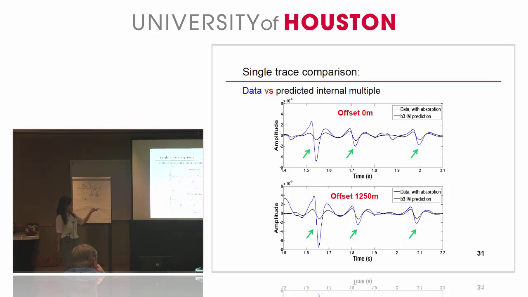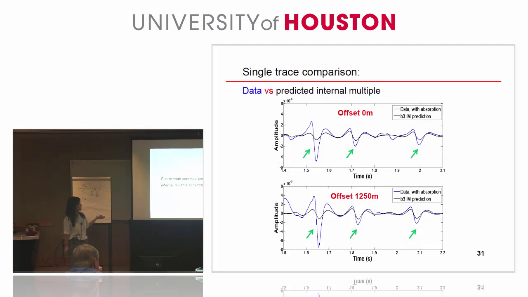You can see for all these 3 first order internal multiples, they give the perfect time and approximate amplitude. So the third time you see the same conclusion. And the other thing I'd like to mention here is, if you look at this part, these are the false primaries, and our prediction never touched this primary here.